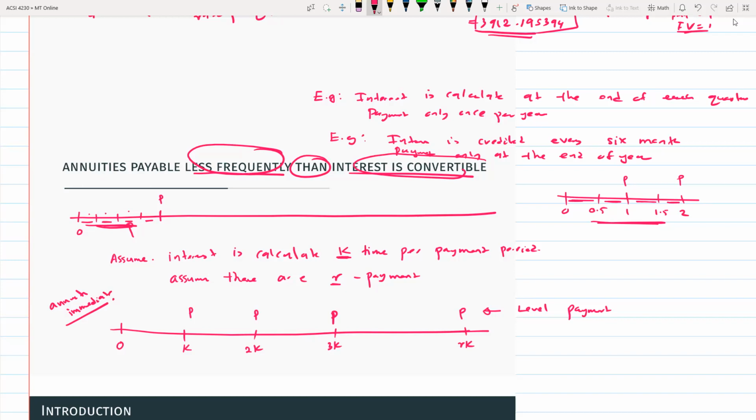Okay, so now we need to know the rate. So let's assume i is the effective rate for one interest period.